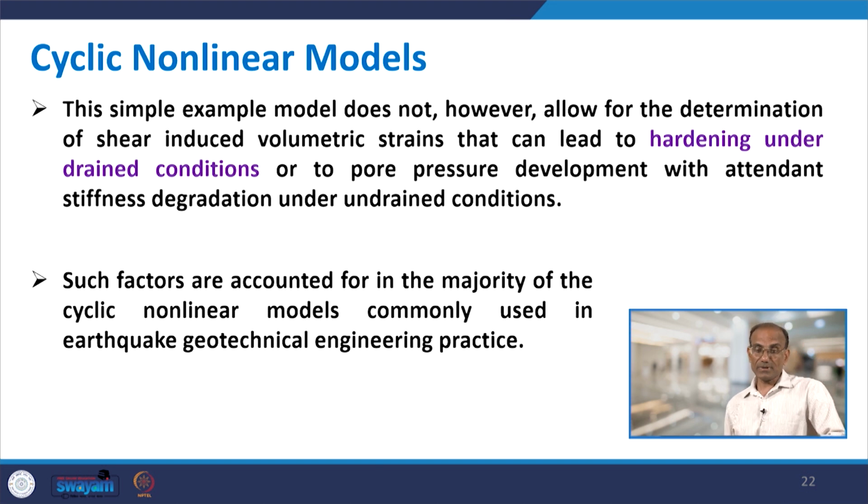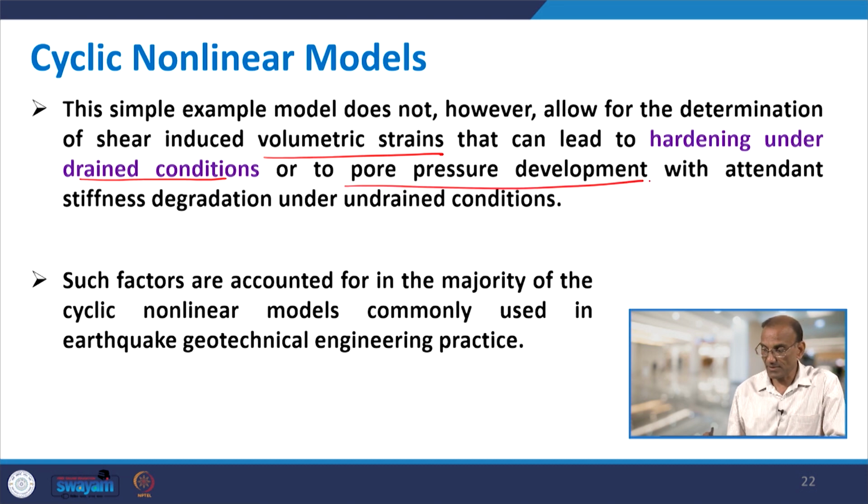This simple example model does not provide for the determination of shear induced volumetric strain, which can lead to what we call hardening under drained conditions, or pore pressure development with attendant stiffness degradation under undrained conditions. In drained condition, there will be development of volumetric strain, but if you do not allow drainage, there will be development of pore pressure.